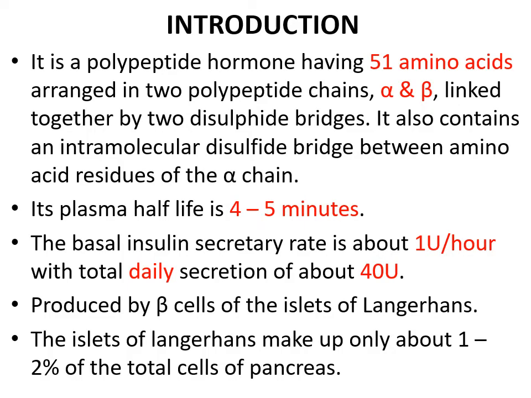So what is insulin? It is a polypeptide hormone having 51 amino acids arranged in two polypeptide chains, alpha and beta, linked together by two disulfide bridges between the 7th amino acid of alpha and the 7th amino acid of beta, and the 20th amino acid of alpha and the 19th amino acid of beta.